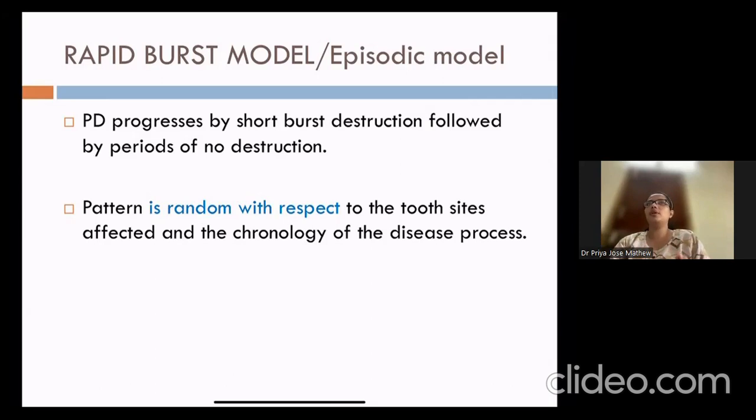In the previous example, if tooth 1 1 has disease activity, 1 4 may not have disease activity at that time. So the pattern is random with respect to the tooth sites affected and the chronology of disease progression. It has no relationship with chronology or with tooth site. That is the rapid burst model or episodic model.